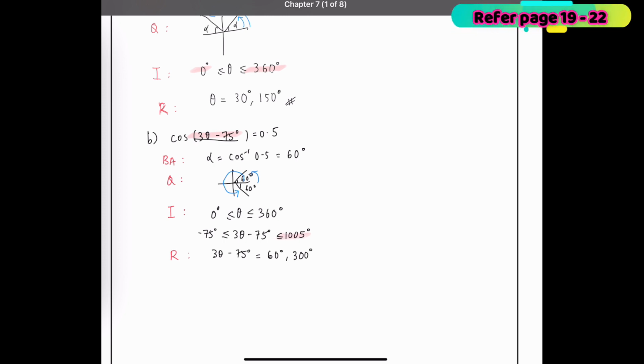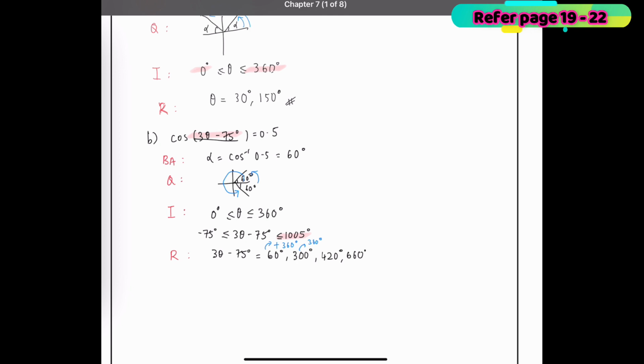But since the maximum is 1005, we need to rotate again. So we add 360 to 60 and 360 to 300. So it's going to be 420 and 660.